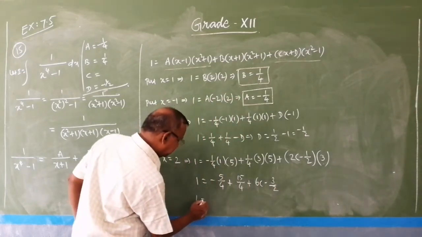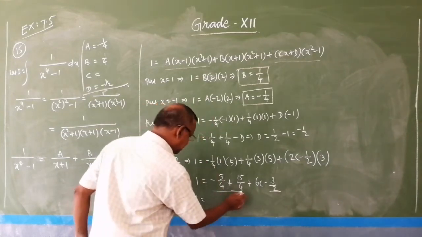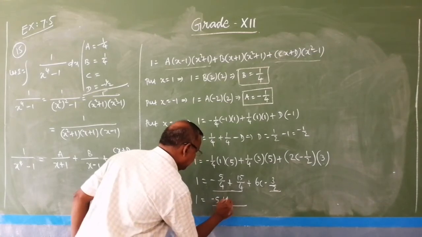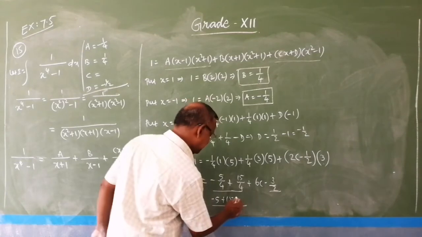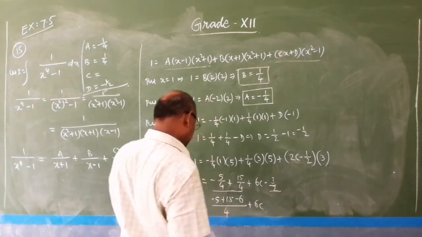Now 1 equal to, so we can take LCM for these 3, that is 1 equal to 4 minus 5 plus 15, here we take minus 6 plus 6c.